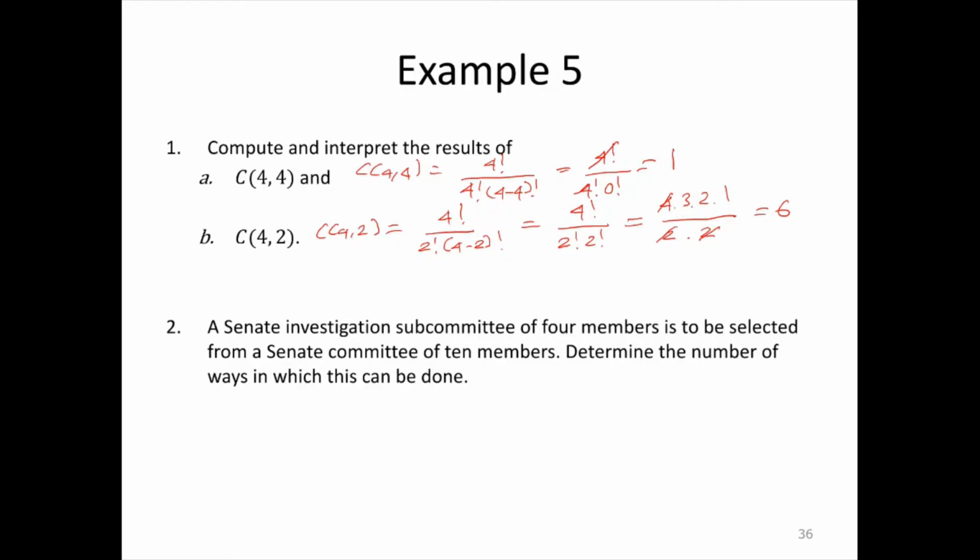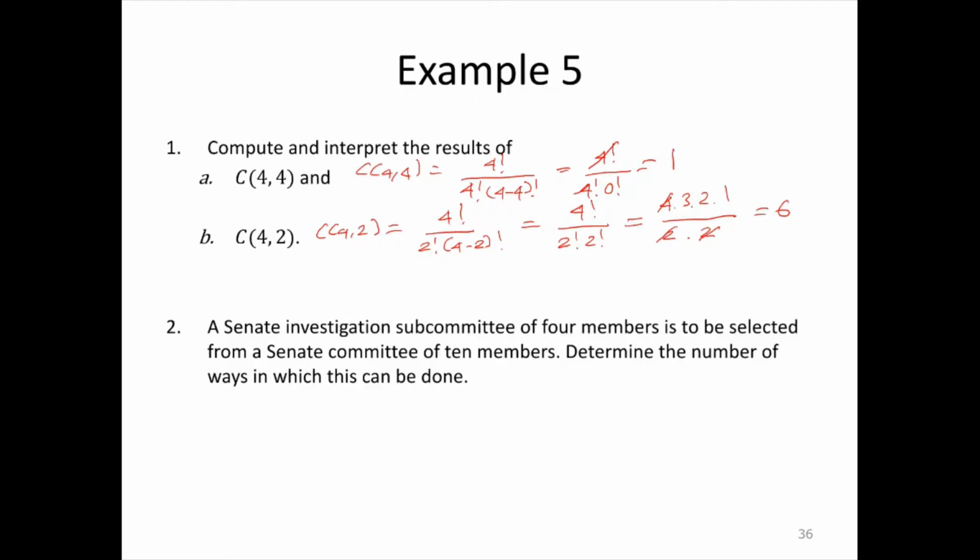Okay. So now, again, we have an example of forming a committee. But different from the one that we had before. In here, order is not important. Why is it not important? Because there are no certain positions in the subcommittee. So everybody is just the same in that subcommittee.